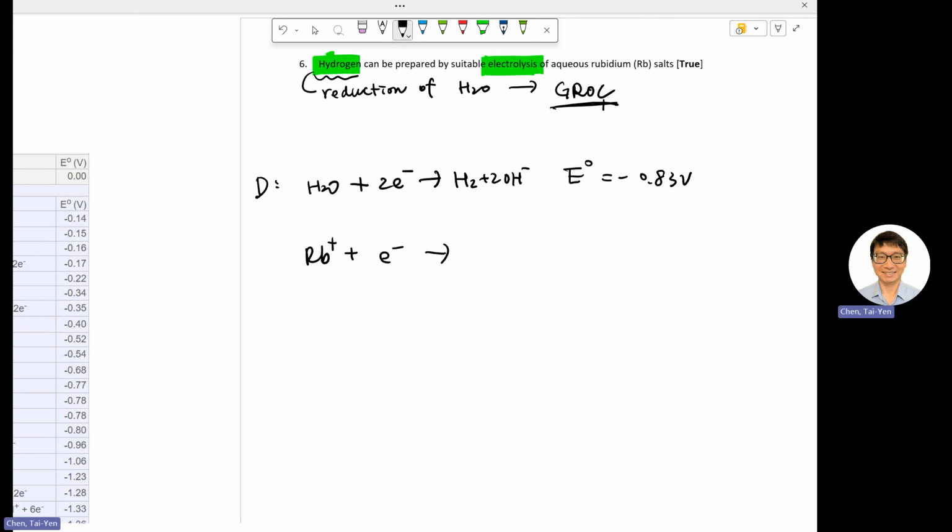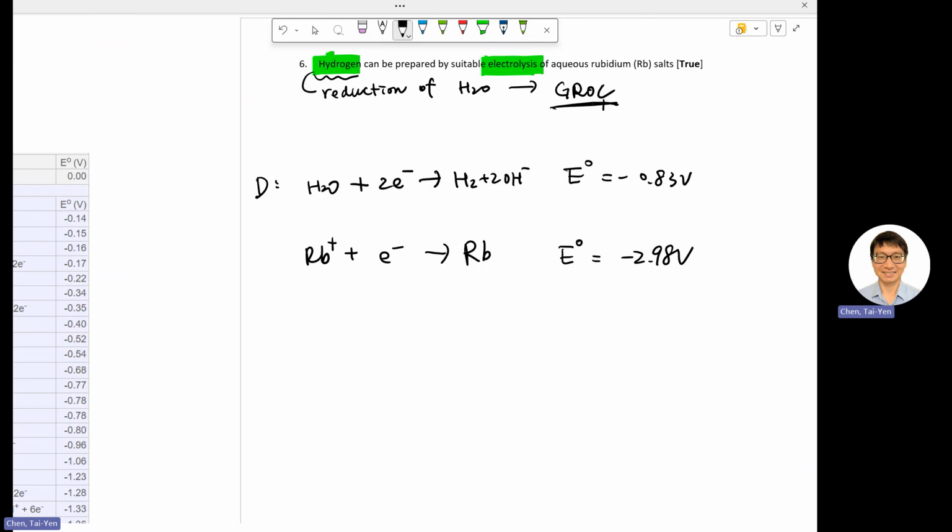Rubidium, on the other hand, if you have a complete list of the reduction table, you'll be able to find the reduction potential of that. So apparently the reduction of rubidium plus into rubidium has a much, much higher voltage, right?